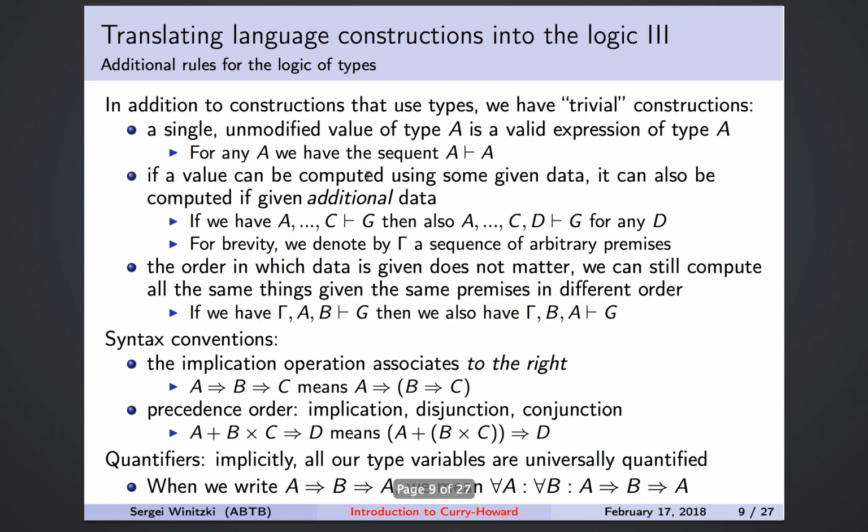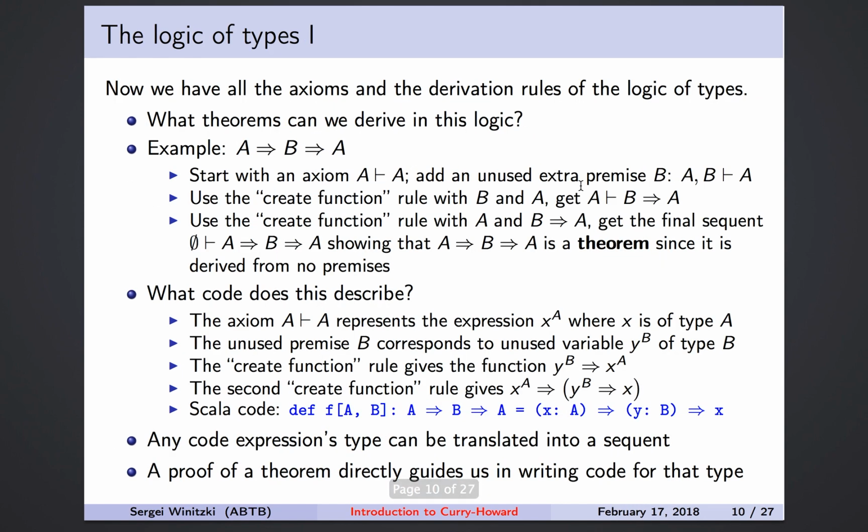So this is this other rule. So if this sequent is true, then we can always add some new unused premise if we want. So let's add a premise B. And we have this sequent. So we already proved that this sequent is valid.